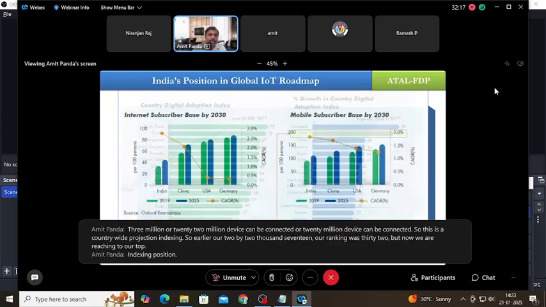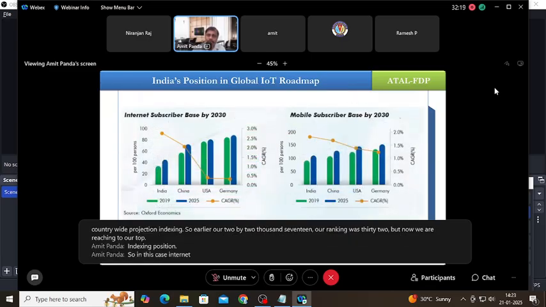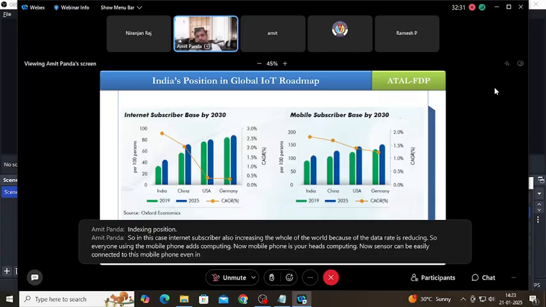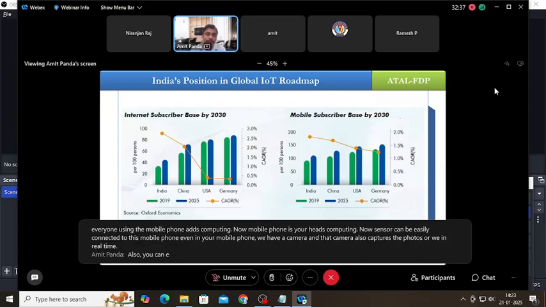In this case, internet subscribers are also increasing all over the world because the data rate is reducing. So everyone is using the mobile phone as edge computing. Now sensors can be easily connected to this mobile phone. Even in your mobile phone, we have a camera that captures photos, or in real time you can easily translate languages, like Google Lens.